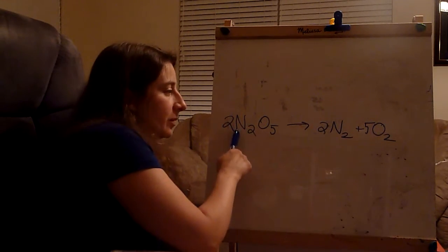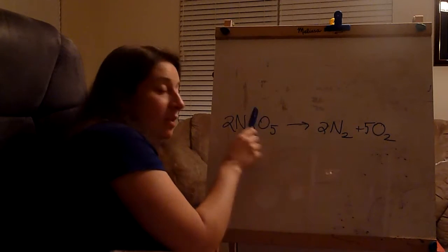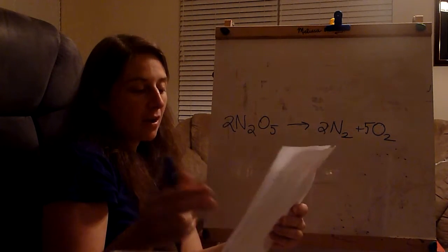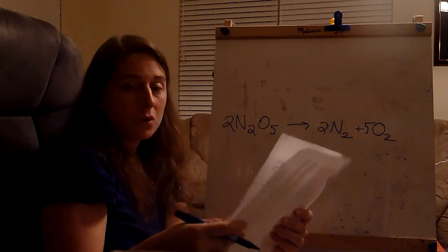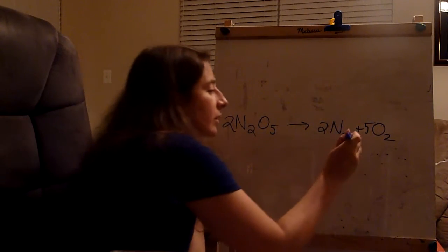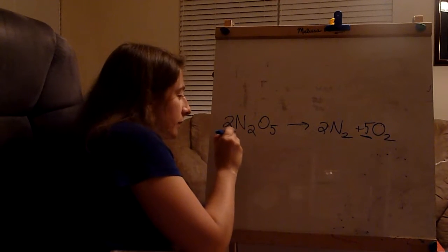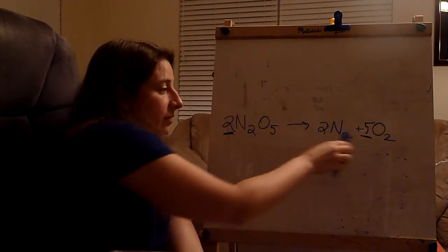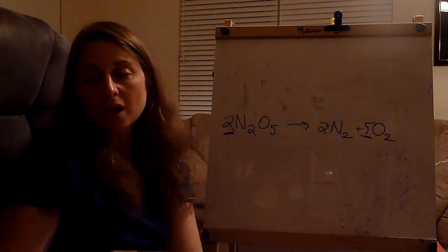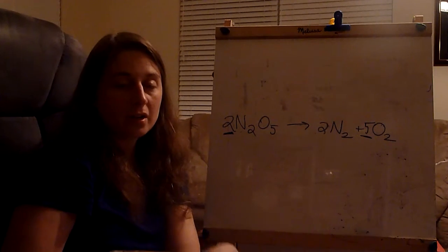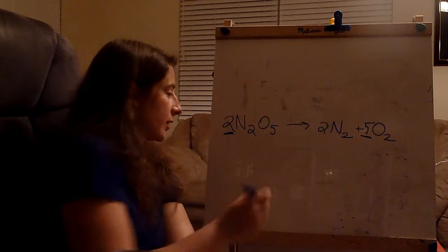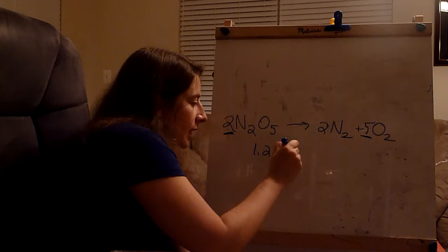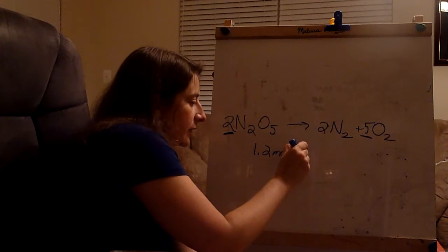So I know I'd produce 5 moles of oxygen if I decompose 2 moles of dinitrogen pentoxide. So now I can use what I call a mole-to-mole ratio. So I look at what I want to know about. I look at the stoichiometric coefficients, the 5, 2, and 2 here, and I can try to figure out what I need to know. I know I have 1.2 moles of dinitrogen pentoxide.